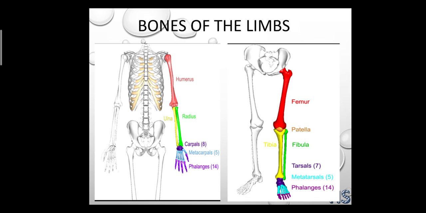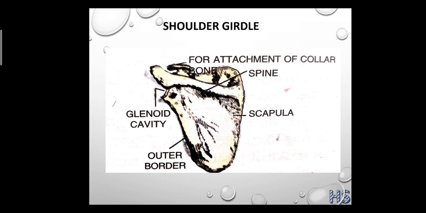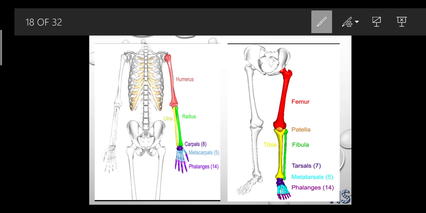Bones of the limbs. The first, see this part, this part is called the forelimbs. Forelimbs means your hands. See, this region is called arms. This region is called your forearms, and this is nothing but your hand part.